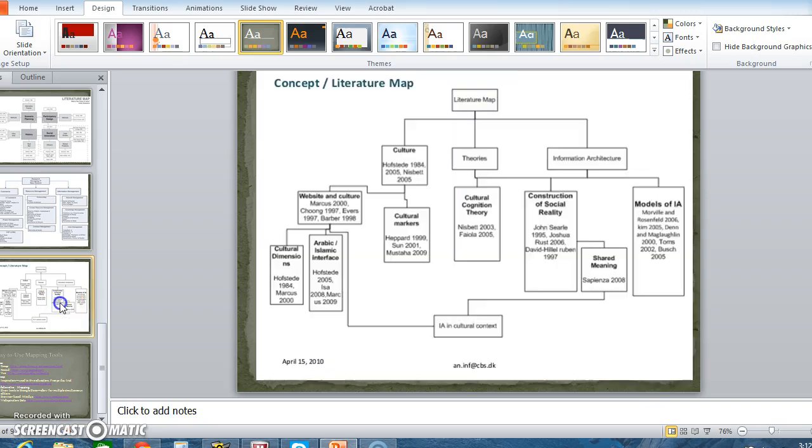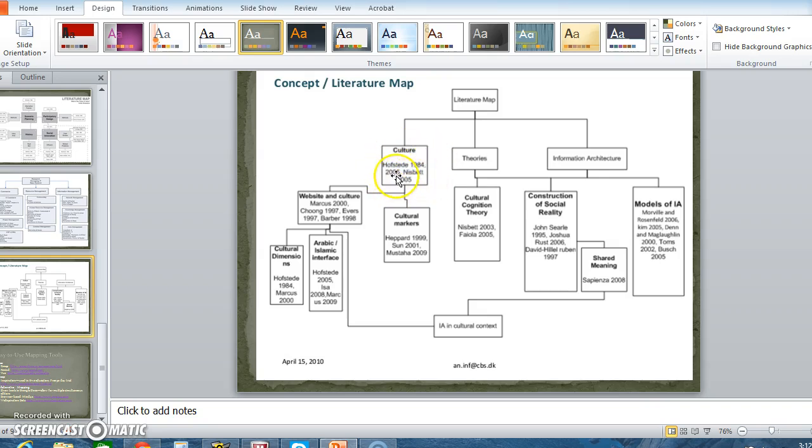And then another synthesis map example would be, here's my literature map, and what I'm going to be looking at is culture, theories, and how it relates to information architecture. And underneath those would be then culture related to information architecture.